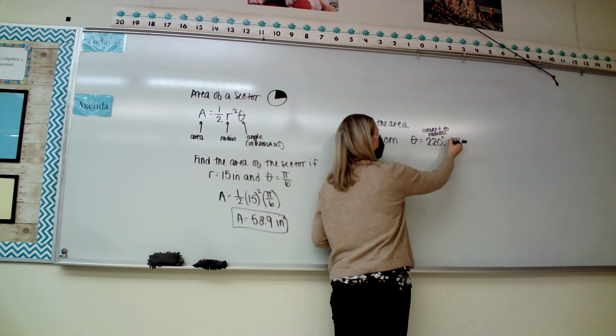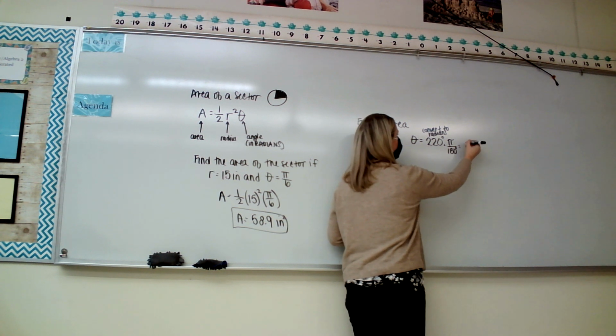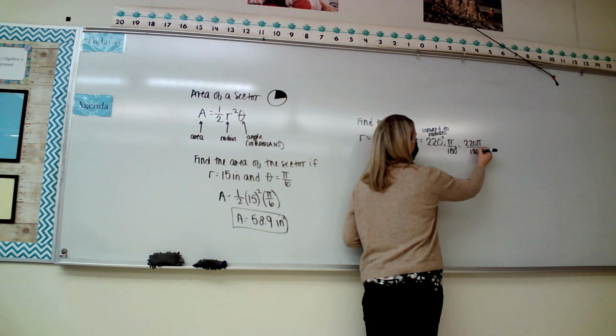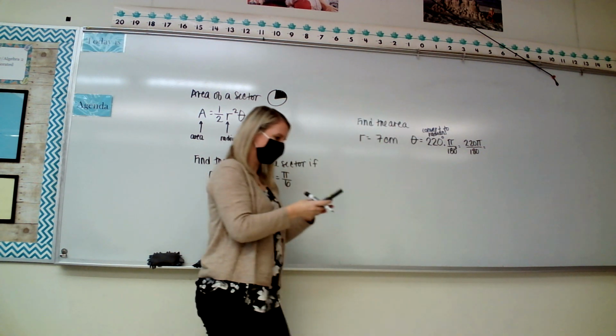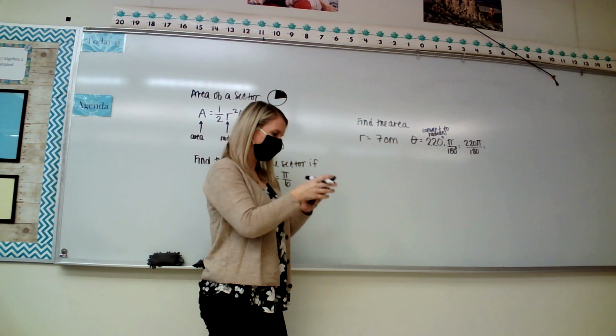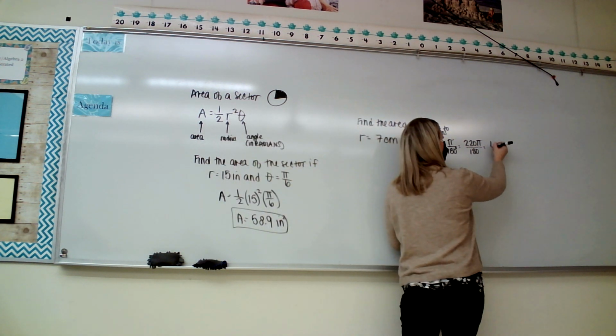So I'm going to multiply by pi over 180. That gives me 220 pi over 180, and I'm going to reduce that, just to make the numbers a little bit smaller, and make sure it's a mixed number. That would give me 11 pi over 9.